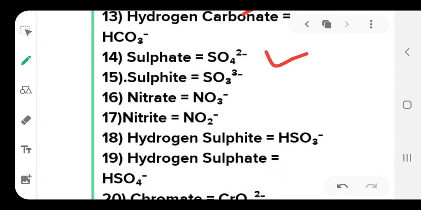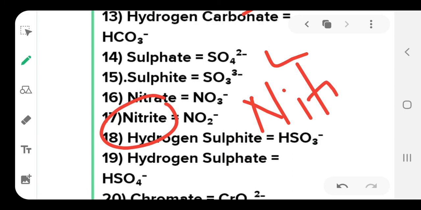Then is sulfate. Make sure sulfate is SO4 -2. Sulfite is SO3. Make sure of the names. Then nitrate. Nitrite, N-I-T-R-I-T-E. Earlier it was nitride. So make sure the names have a lot of similarities, but the pronunciation is different.